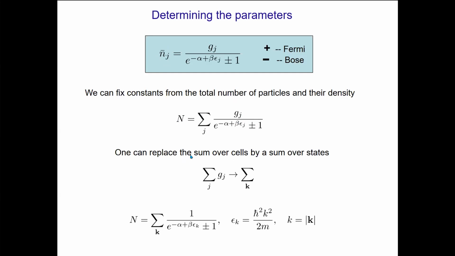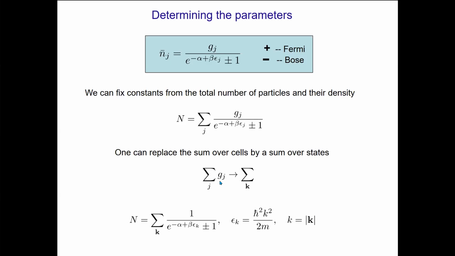In this case, we can replace the sum over all cells in the system by a sum over all states, and this will automatically take into account the cell degeneracy. Remember, we define a cell by its energy. Cells have energies indistinguishable at the macroscopic level, and the number of states in each cell with the same energy we denoted as Gj.